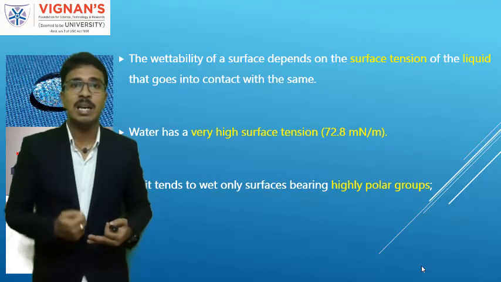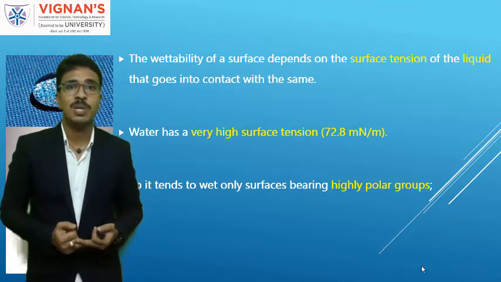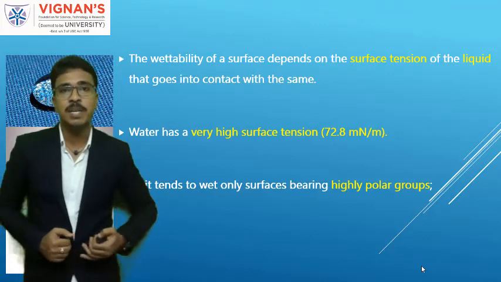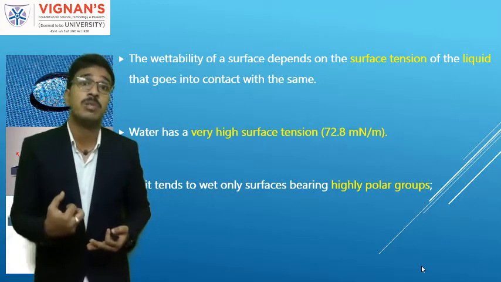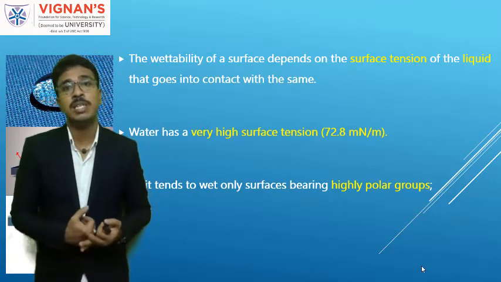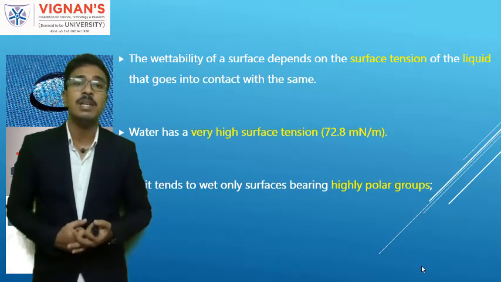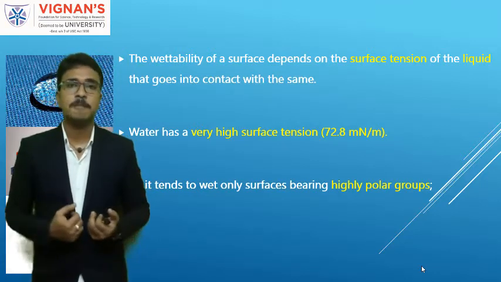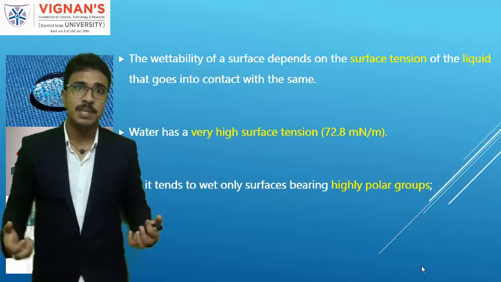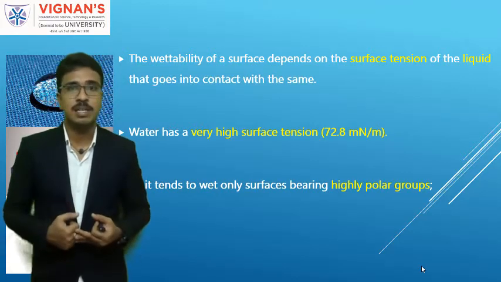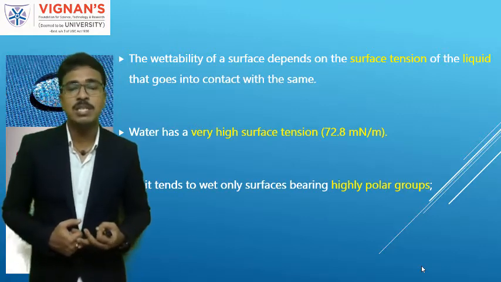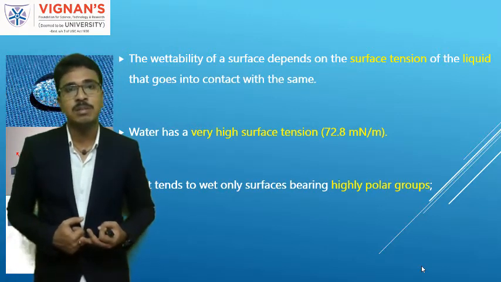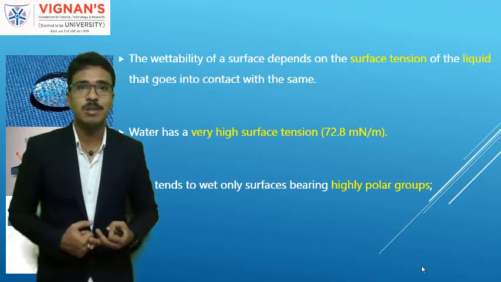Here I want to stress one more important point which you might have studied in the previous semesters. Polar groups mean hydroxyl groups present in the solid surfaces. For example, cotton fabric has hydroxyl groups. Suppose you take polyester fabric, do you think polyester has hydroxyl groups?